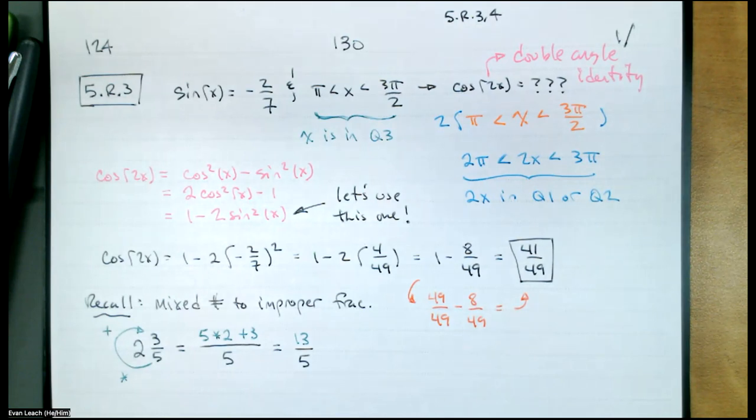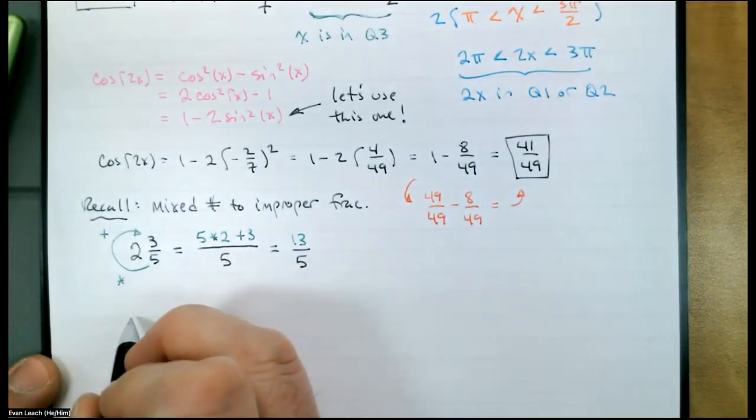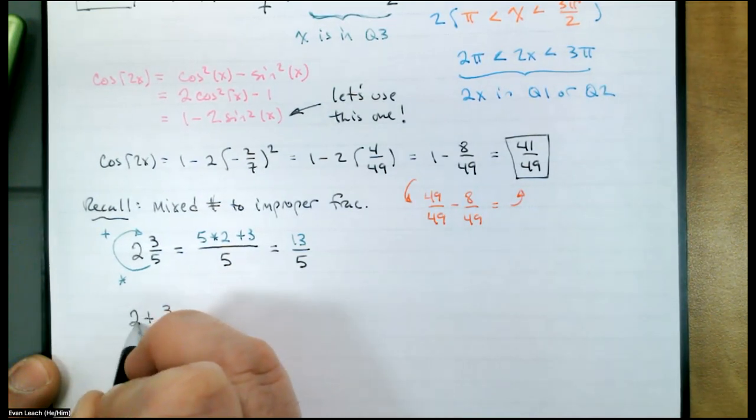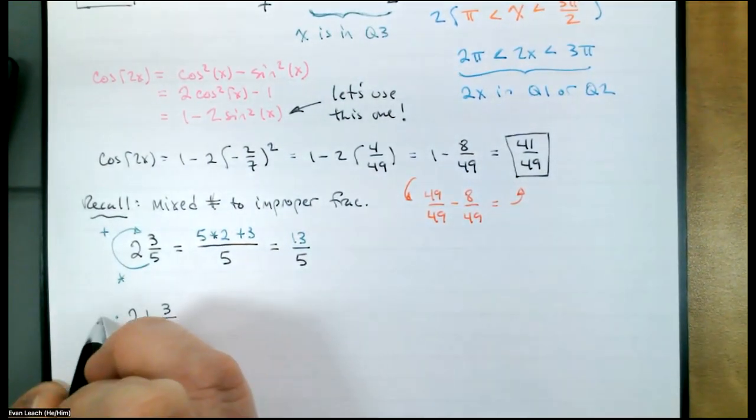This works because we're taking the 2 and we're adding the 3/5 and getting a common denominator. That 5 times 2 part, that's getting the common denominator. We're looking at the 2 3/5 as 2 and 3/5. And then we want to get a common denominator, and we do that by multiplying the 2 by 5 over 5.